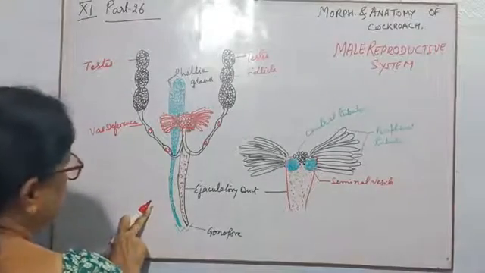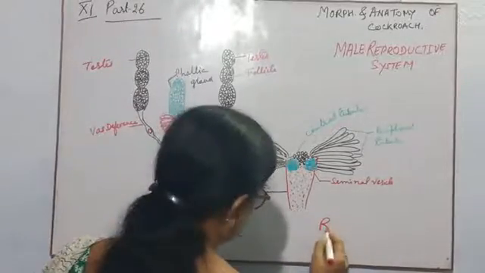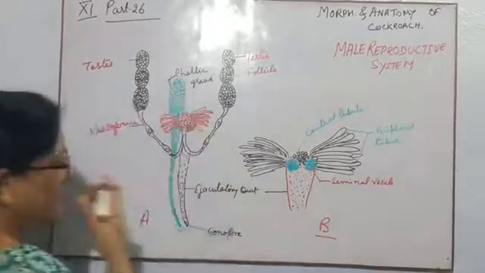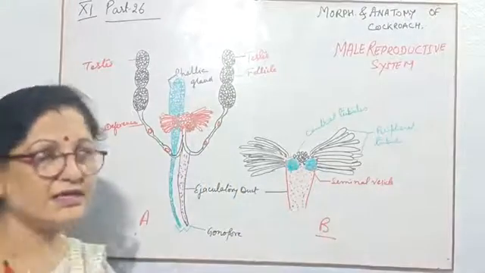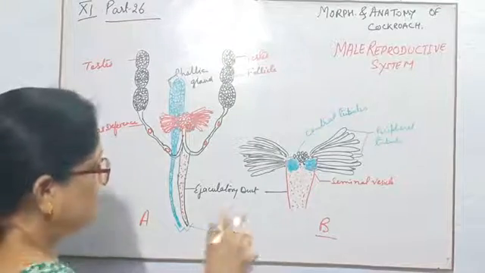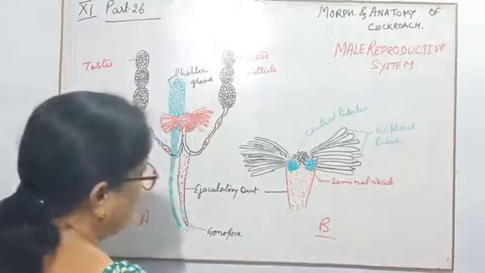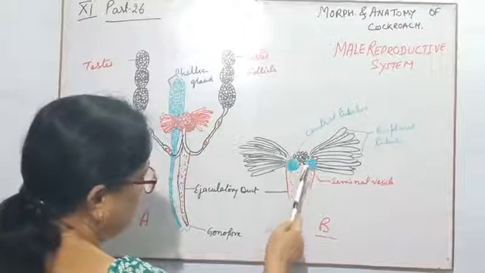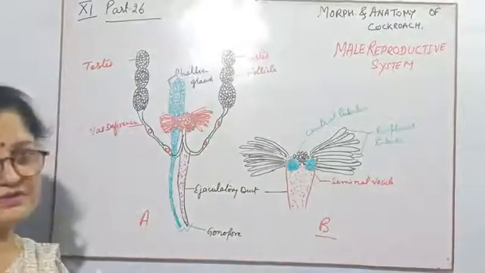So these are the male's reproductive organs, and suppose this is the A part and this is the B part. In the B part I have shown the diverticula in a bigger size so that you can understand the three types of diverticula and how they release their secretion to the ejaculatory duct.